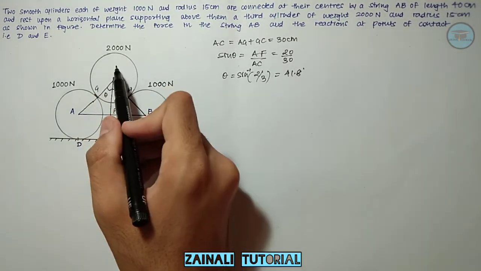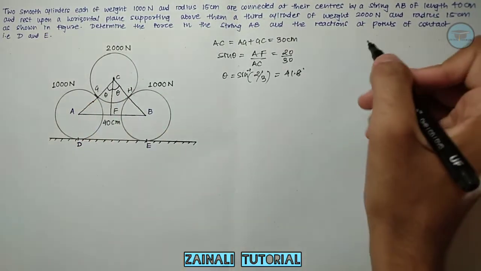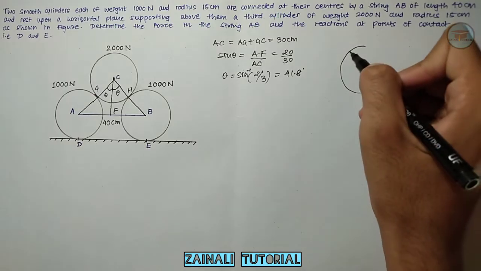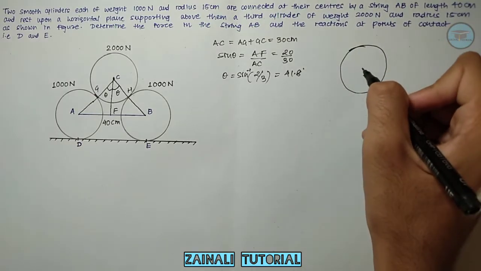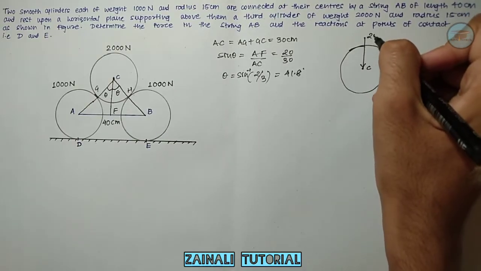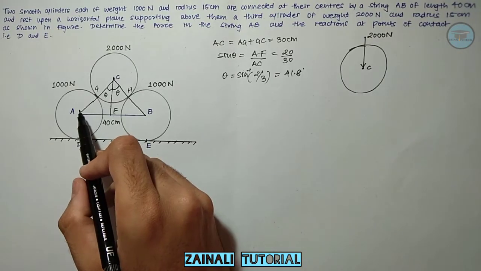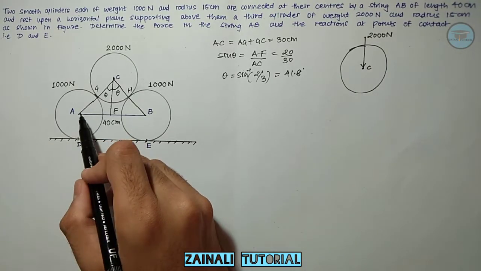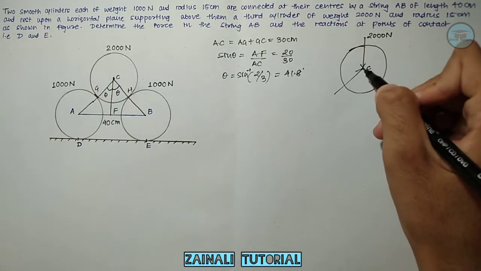Now we are considering this cylinder, having the weight of 2000 Newton, to be in equilibrium. So we are first drawing the cylinder, that is the free body diagram. This is C, and this is the self weight of 2000 Newton. There will be a reaction coming from the cylinder A to the cylinder C, which we name RAC.